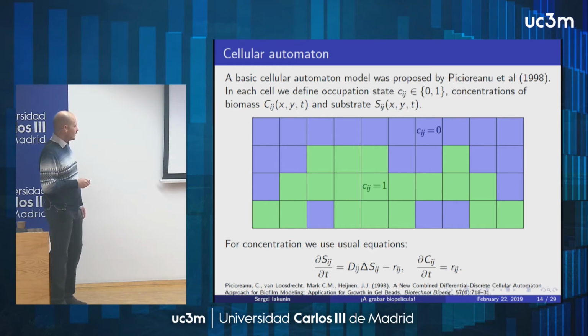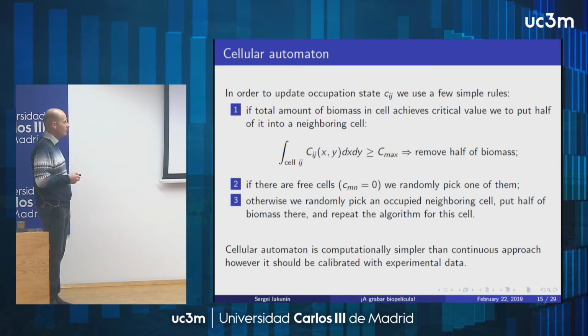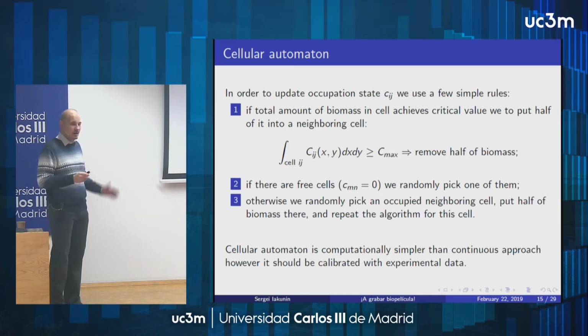So inside each cell we solve a system of two quite simple differential equations. And the last step is how to update this occupation state c. Here we use cellular automata, which usually follow a few simple rules. The first one is, if the amount of bacteria, of biomass, in a cell achieves some critical value C max, we have to move half of the biomass to a neighboring cell.